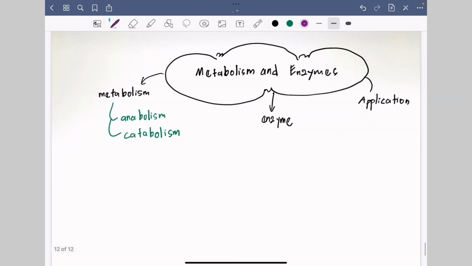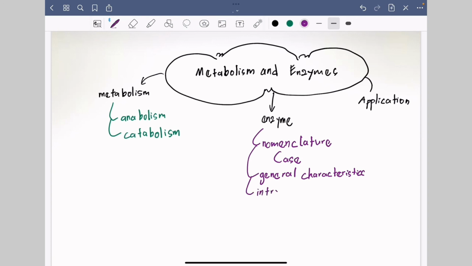And then we learn the nomenclature, which is the addition of the word ASE. And then we learn the general characteristics. We learn about intracellular and extracellular.